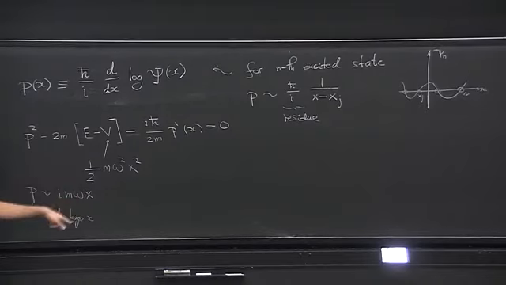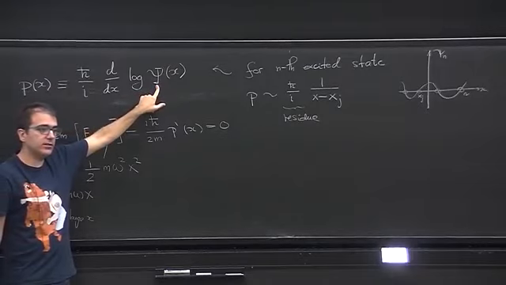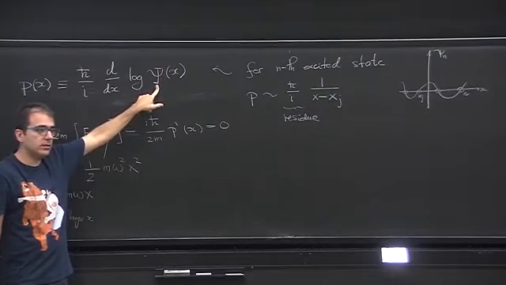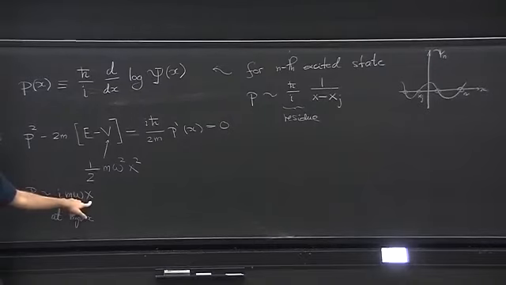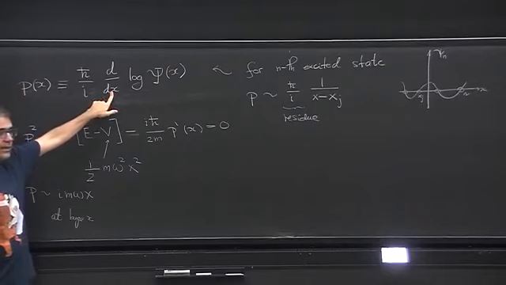And before going on, let's notice that if P behaves like this at large x, what does it mean for psi at large x? P going like i m omega x means I multiply by i and it becomes minus x. I integrate and it becomes minus x squared.